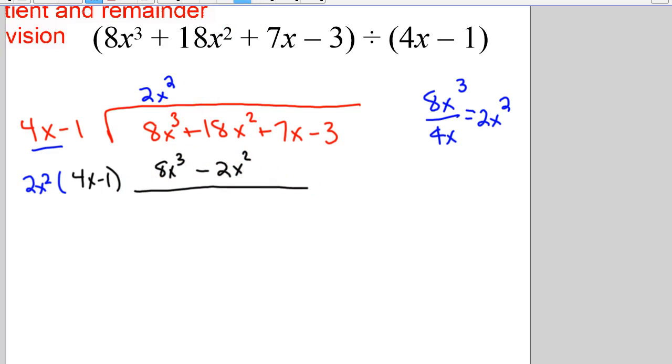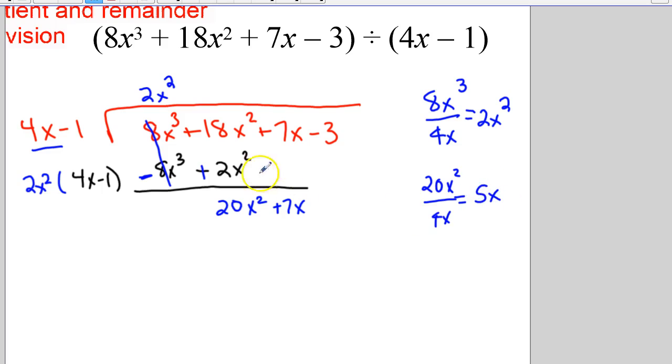Now I'm going to come through and change my signs because I'm subtracting. So that guy becomes a negative, that guy becomes a positive. Those add to 0. This goes to 20x squared, and I'm going to drop down my 7x. So now what I'm looking at is 4x into 20x squared. What is 20x squared divided by 4x?